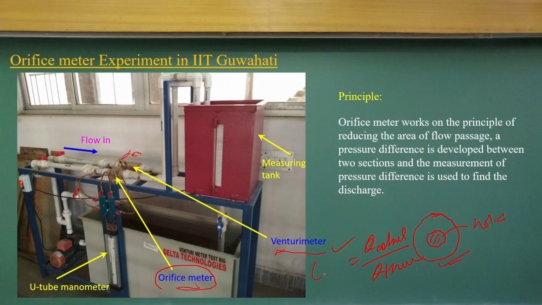That is the reason we introduce the coefficient of discharge, the CD value, which is the ratio between actual discharge and theoretical discharge. Many times we have to compute the coefficient of discharge. Now, if you try to understand it, many times we do not go inside these fluid flow problems within the Venturi meters or orifice meters, how the flow streamlines happen, how the energy dissipation happens.